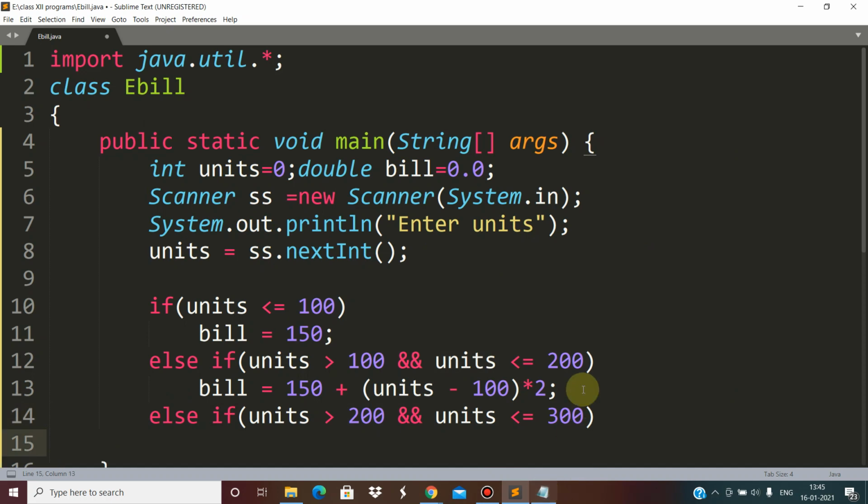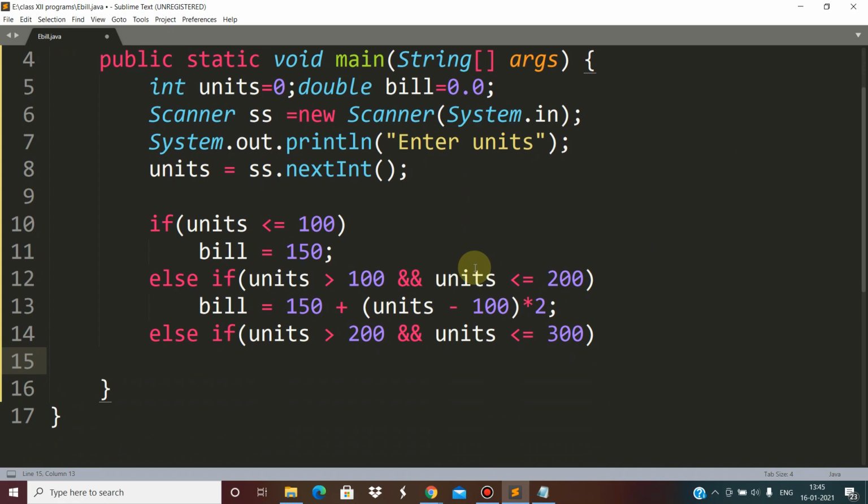Please tell. So bill equals 150 plus. For the first 100 units it is 150, but for the next 100 units it is rupees 2 per unit. So here you have to write 100 into 2, for the next 100 units.